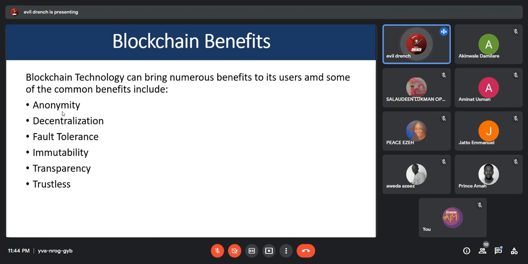Transparency: the blockchain is open and wide. You can see every single transaction. If you want to confirm that, you can go to etherscan.io, right? Maybe you can verify from your own app.